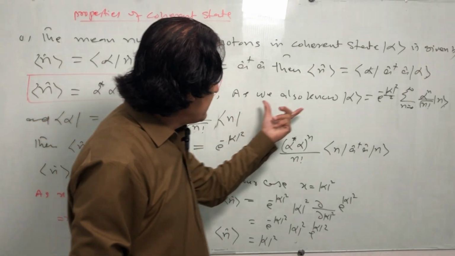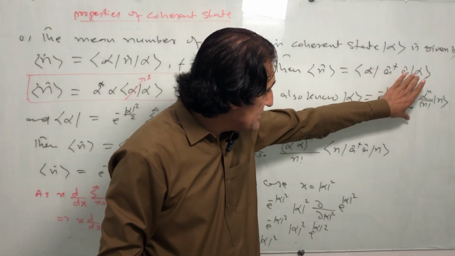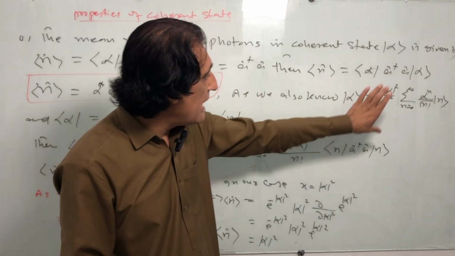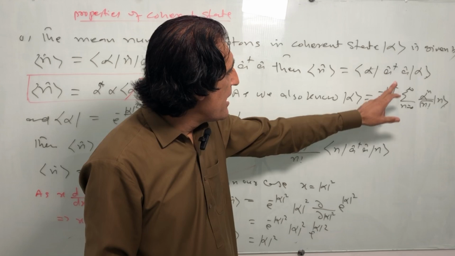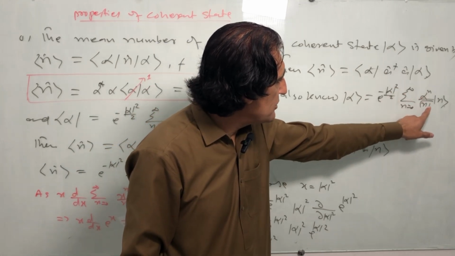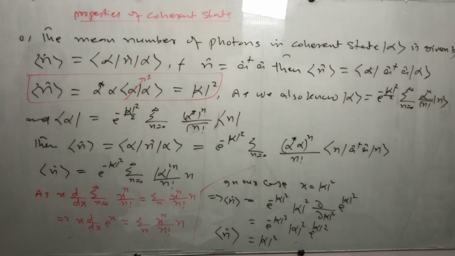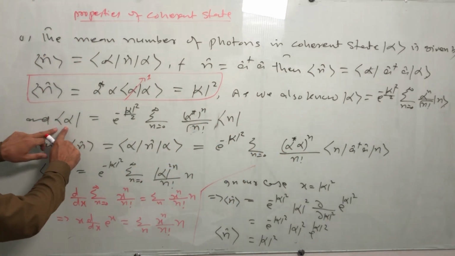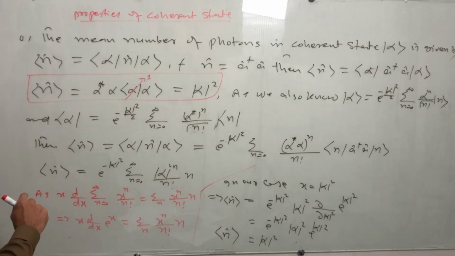Now, if we consider the coherent state |α⟩, which has the expression that we already know, equal to e to the power minus |α|² divided by 2, summation n equals 0, α^n over square root of n factorial |n⟩. If we consider this type of coherent state, then the bra must be the conjugate of this.